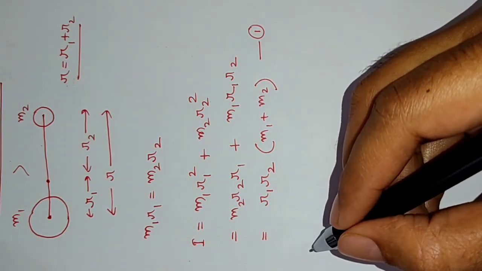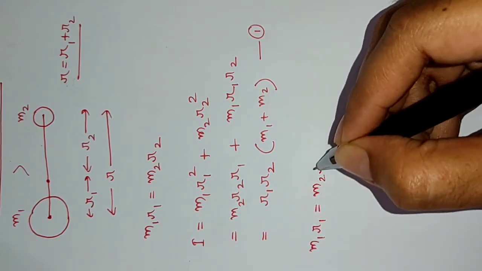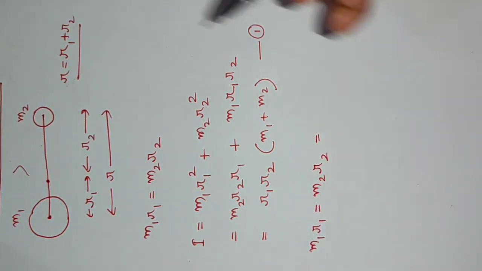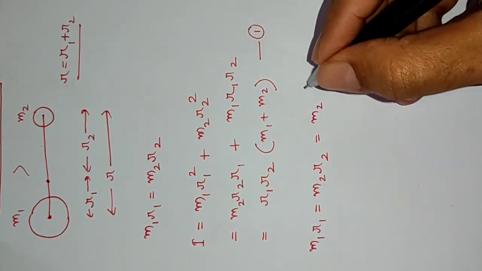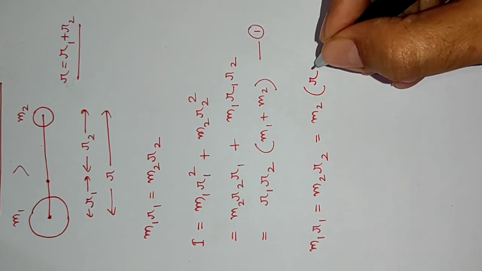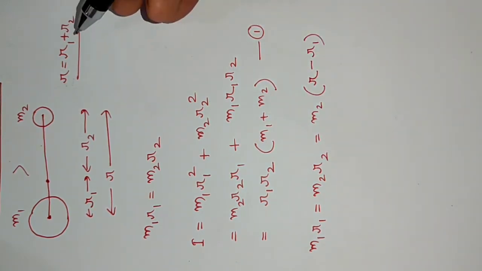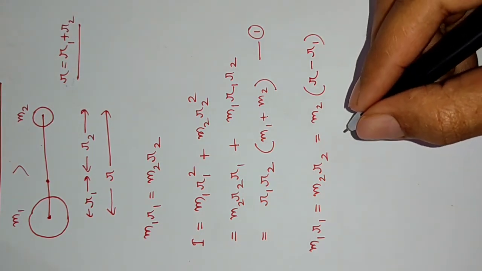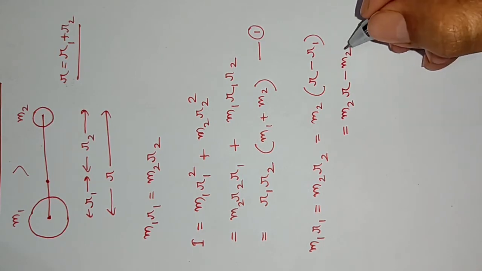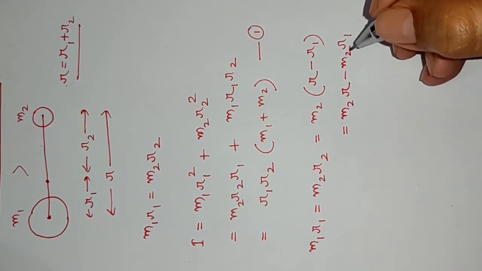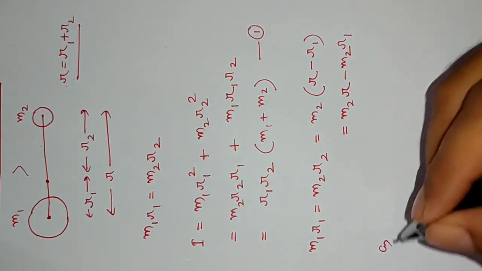Now m1 r1 equals m2 r2. Here we have the relation r equals r1 plus r2. So it will be m2 into r minus r1. We put the value of r2 from this equation. So it will be m2 r minus m2 r1. We take this to the left hand side.